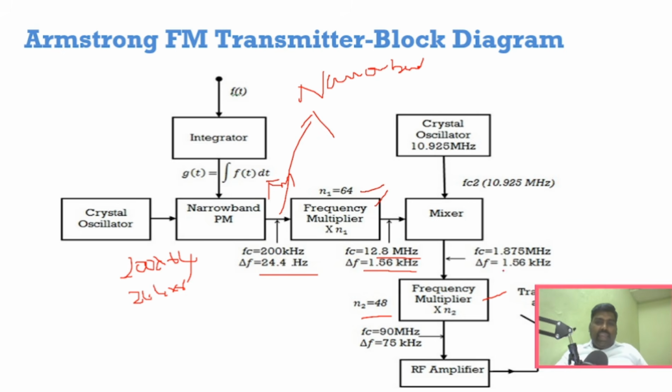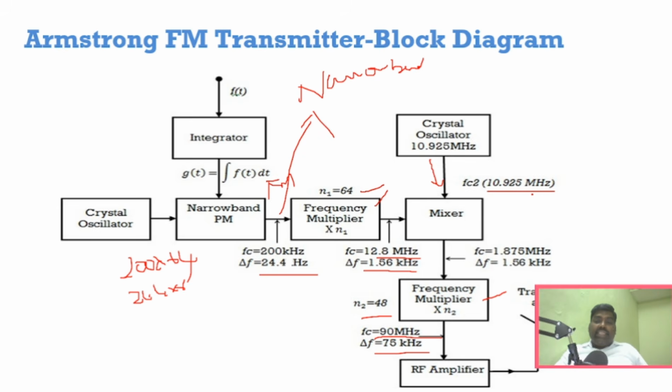After this, once again we have to increase, because we need a carrier frequency of 90 megahertz and a frequency deviation of 75 kilohertz. So now we send it to the mixer. Before this mixer, we add a crystal oscillator which generates a frequency of 10.925 megahertz.